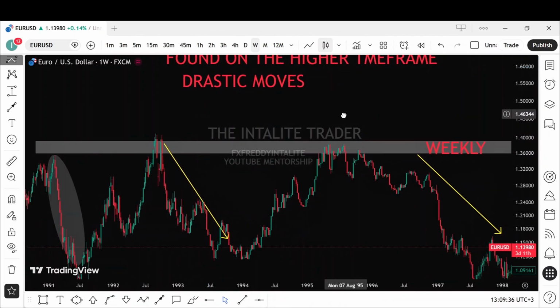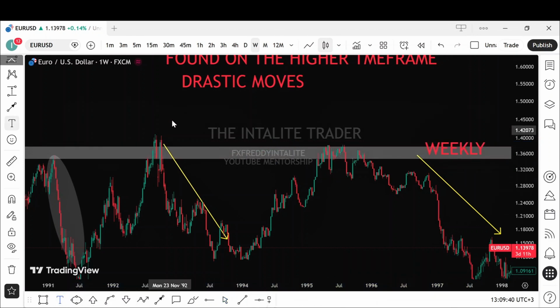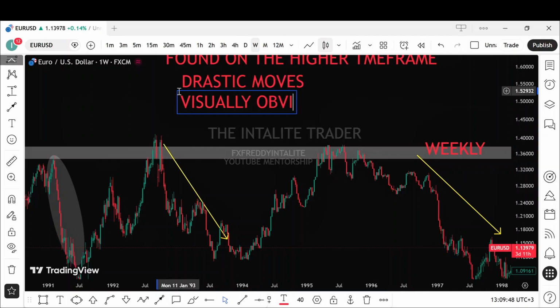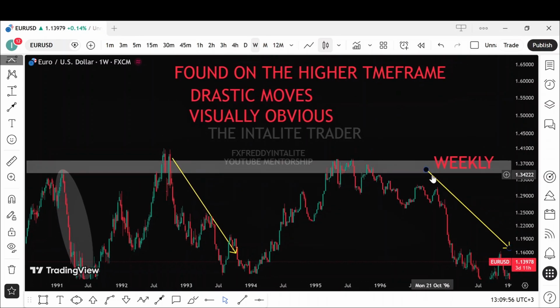Then the other trait which they have is that they are visually obvious. That means you can easily spot them, just by mere looking at the level.